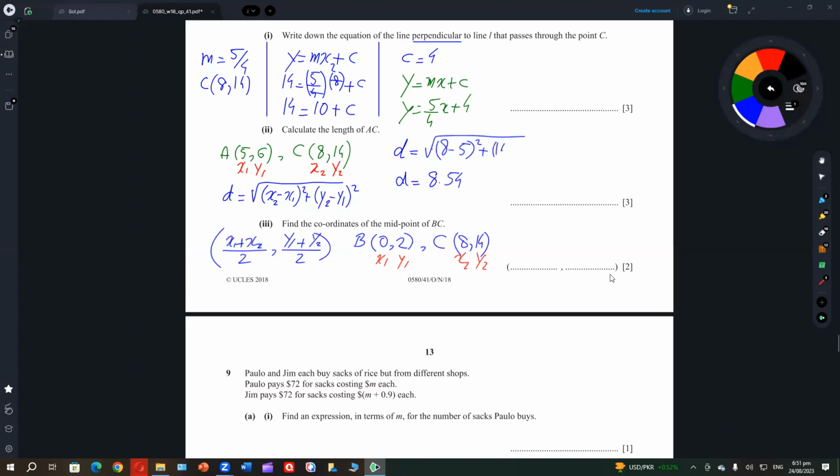Sir, instead of the comma, will we do it separately in the first equation? You're talking about part number 3. Yes, just put the values now. 0 plus 8 over 2. But I can't put a comma in the calculator. Solve it separately. Like this.